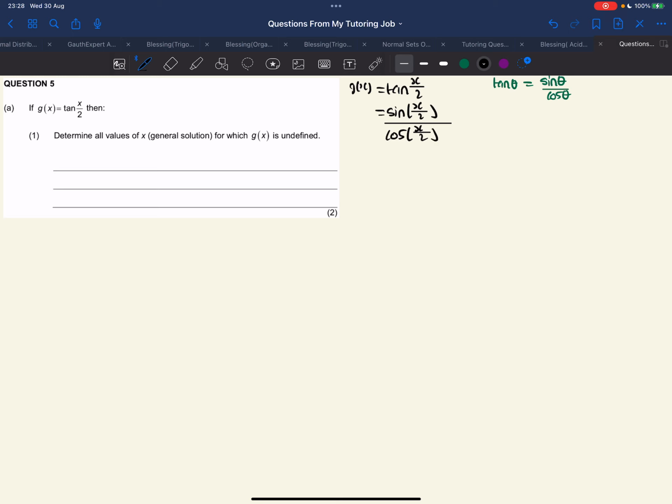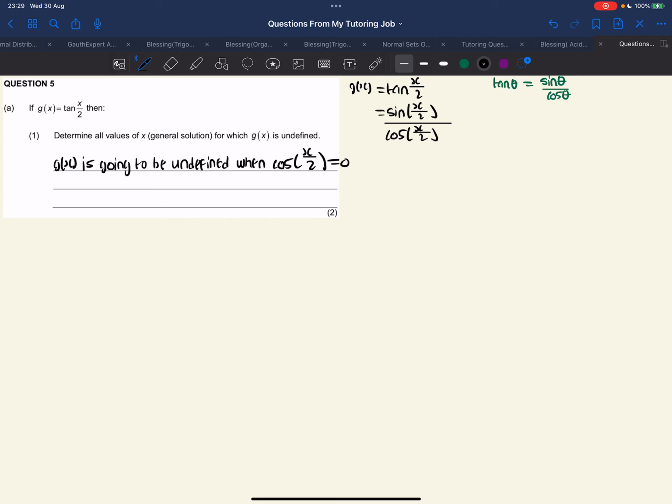Now this means that g of x is going to be undefined when cos of x over 2 is equal to 0.